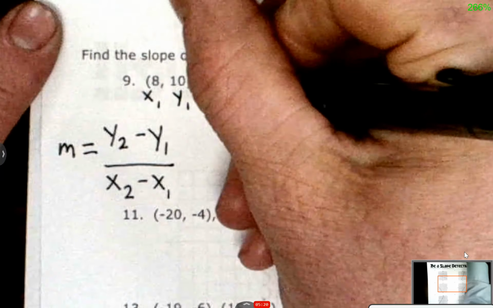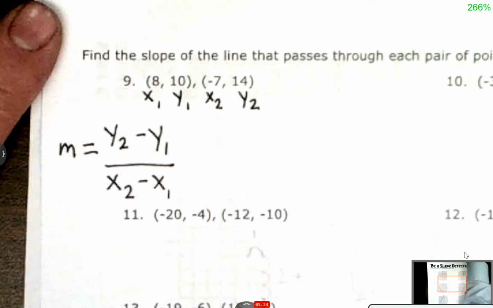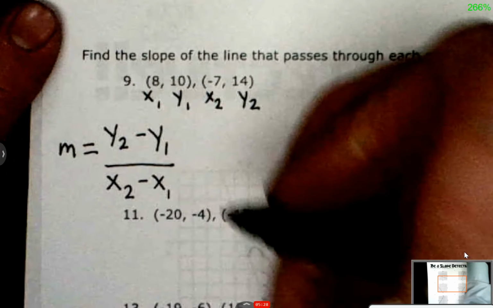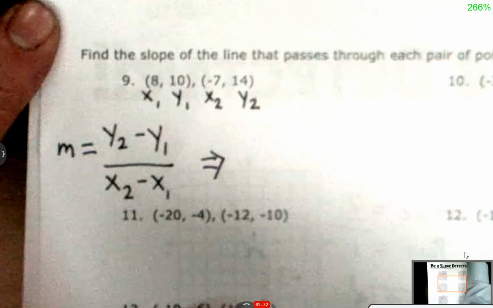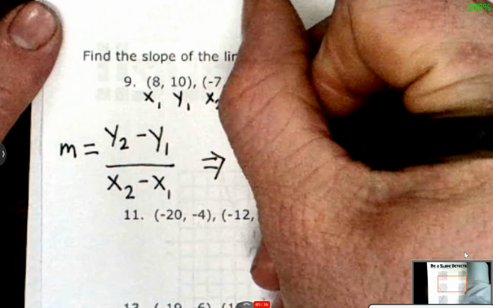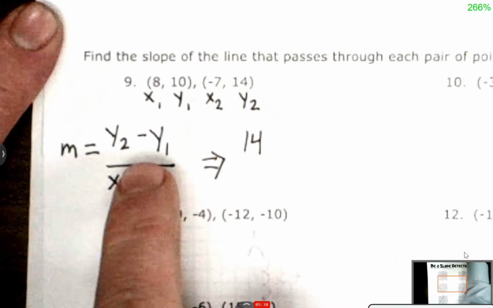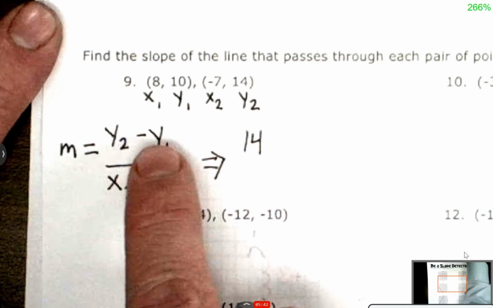So this is x1, y1, x2, y2. Now I'm going to go ahead and plug everything in. So my y2 becomes 14. I plugged in the y. My y1 is 10, so I'm going to do minus 10.